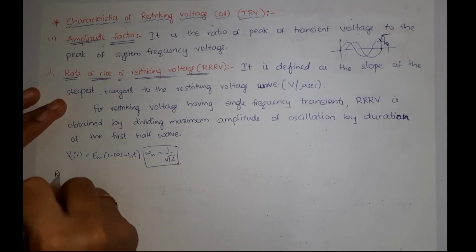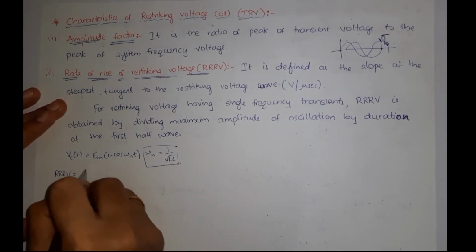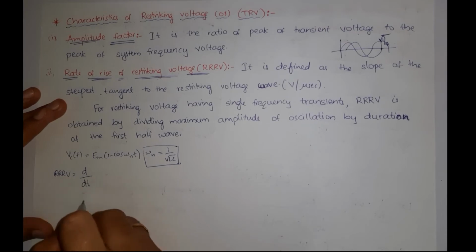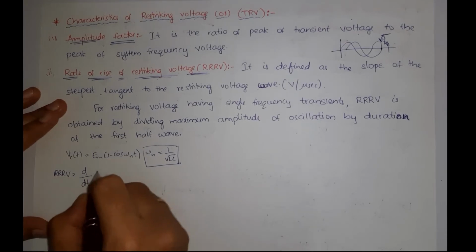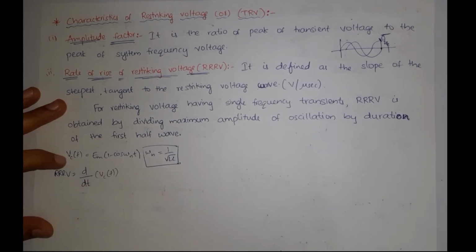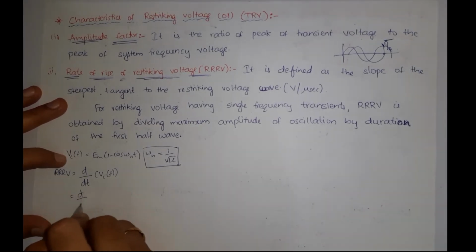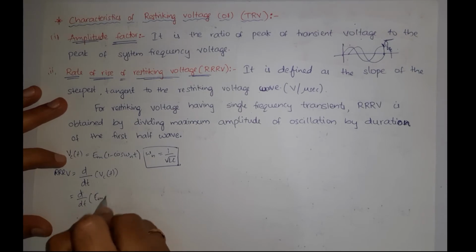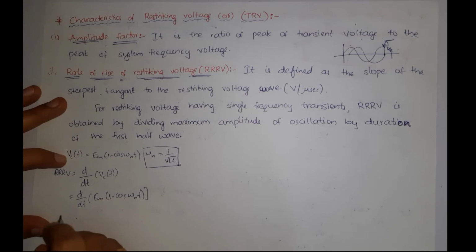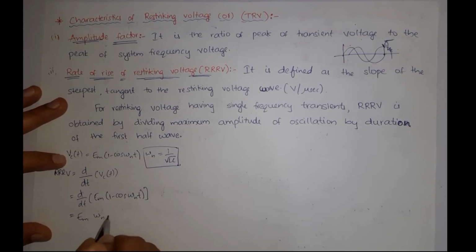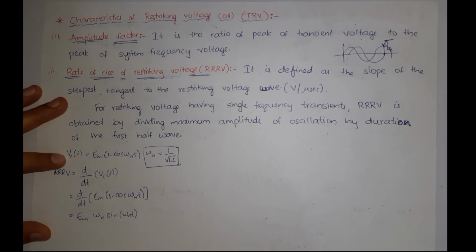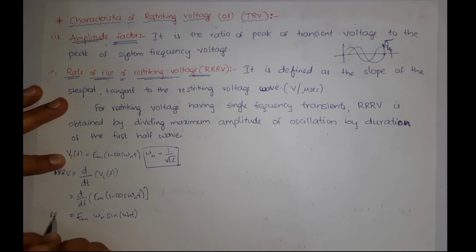So now the rate of rise of recovery voltage is nothing but d by dt of this voltage, that is d by dt of Em into (1 minus cos omega n t), which gives me Em omega n sine of omega n t, right? So this is RRRV.